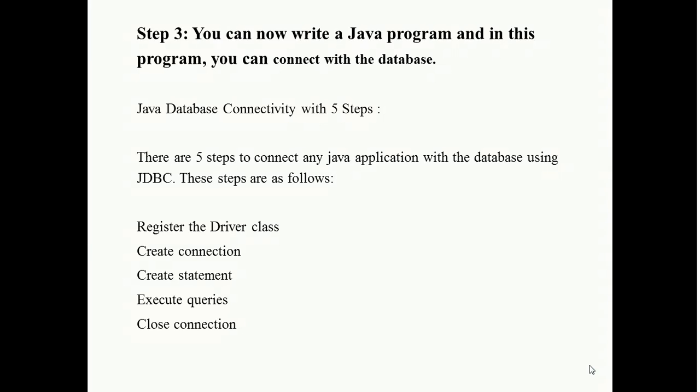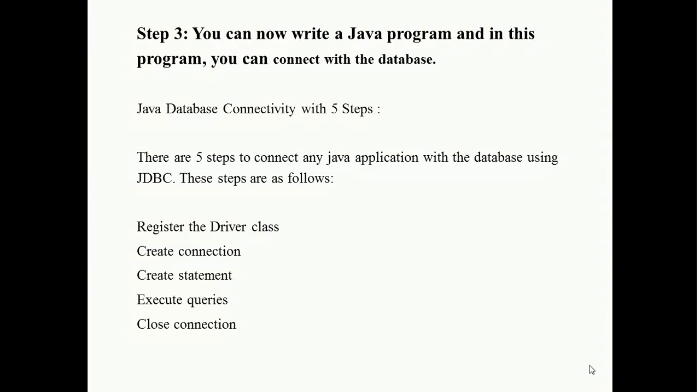And for connecting with the database in the program, you follow 5 steps. First is register the driver class, then create a connection, create the statement, execute the queries and close the connection. So when you connect the Java program with the database, we need to follow these 5 steps.